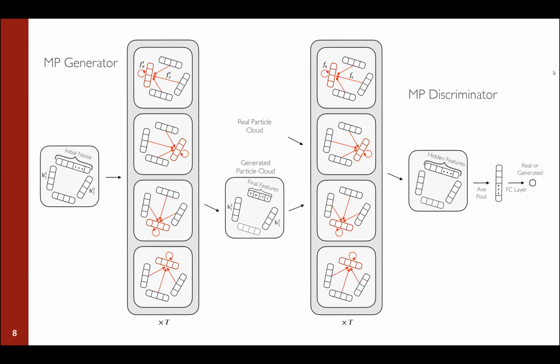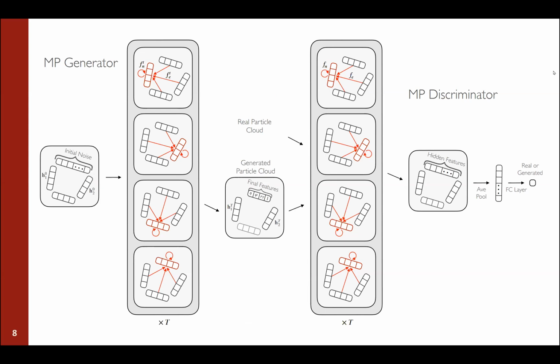This is just a picture of how the network goes. So again, you have the particle cloud on the left. You do the message passing part in the second column. And then this is a generated particle cloud. You go and compare with a real particle cloud.